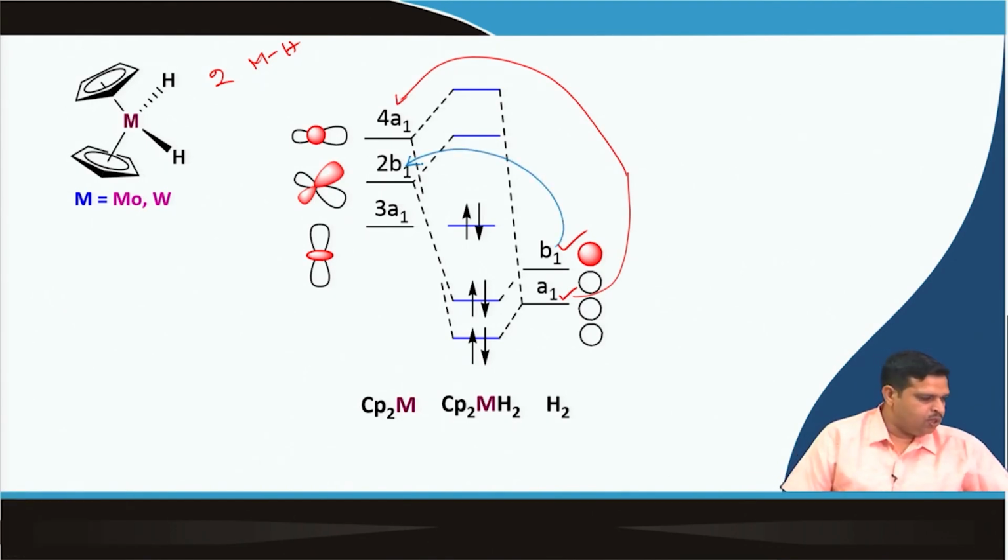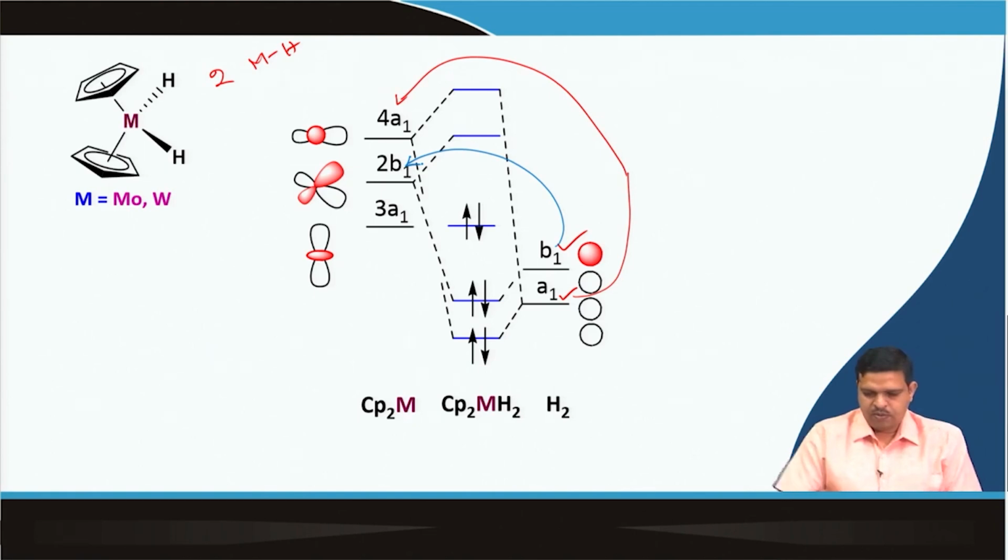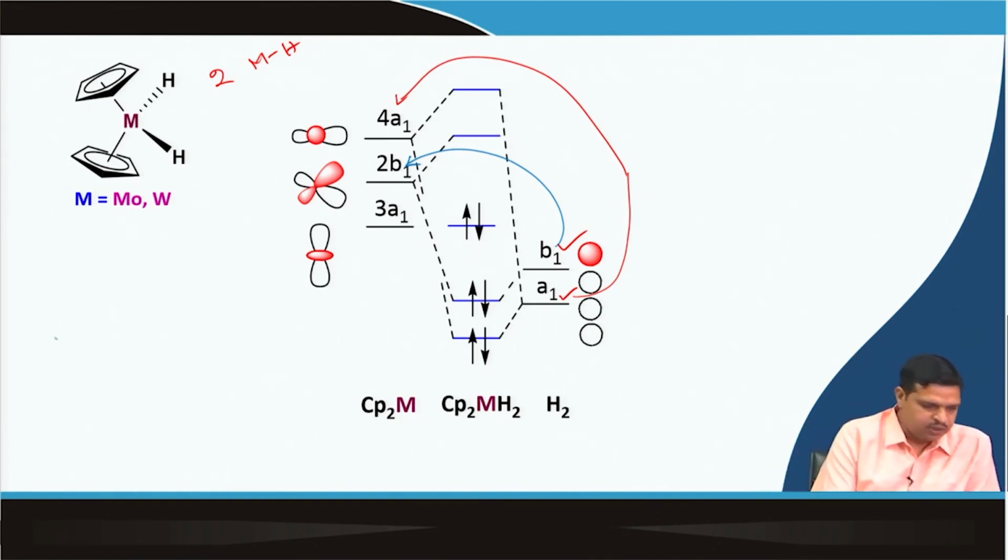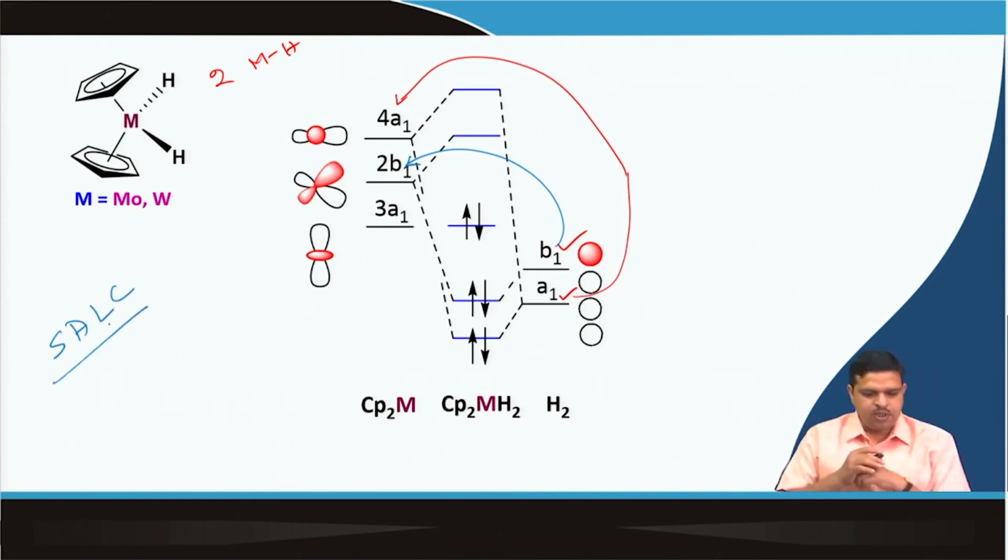So you will see how symmetry allows us to understand the interaction between the LGOs of the ligands and the molecular orbitals of the bent metallocene. As I told you, this approach is called SALC, the symmetry adapted linear combination approach.